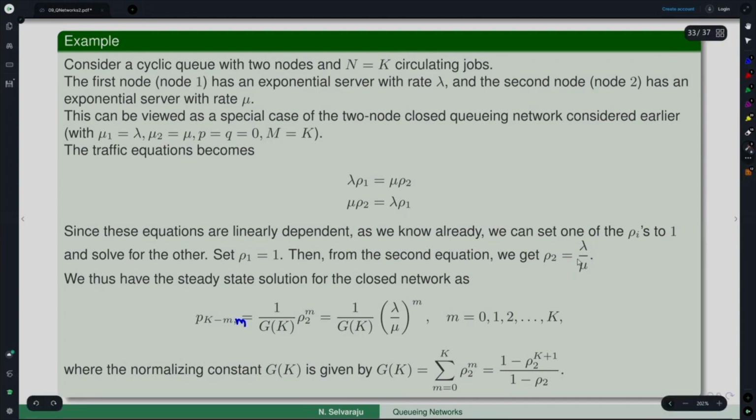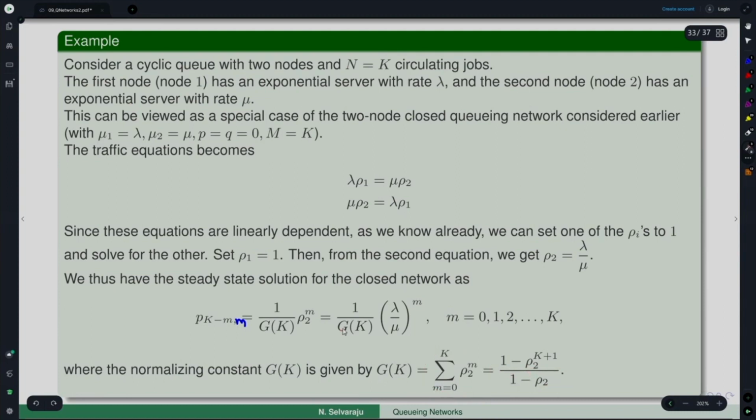So, this rho 1, rho 2 in the general solution, then this is what you will get: 1 by g of k times rho 2 to the power m, much like the earlier example that we have considered. Then 1 over g of k, this rho 2 is simply this, you can write, right. So, this is the solution, where g of k is essentially this quantity which is the sum over all this, which turns out to be this.